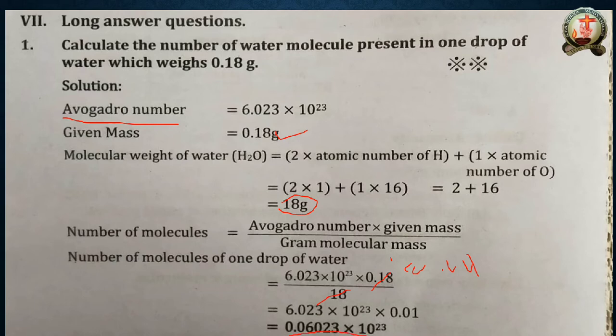Otherwise, if I want the numerical value, this 6 comes here. How many factors can I take? 1 and 2. Okay, I can add this 2 to the power, so 6.023 into 10 to the power 25 is also a right answer. Whether you write this 23 or instead this 25, 6.023 into 10 to the power 25 is also a right answer.